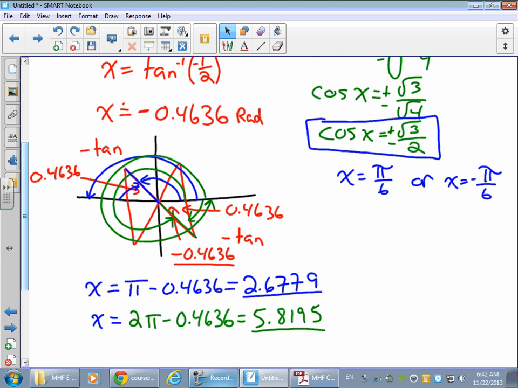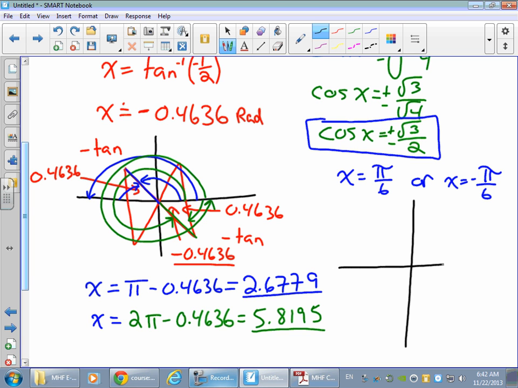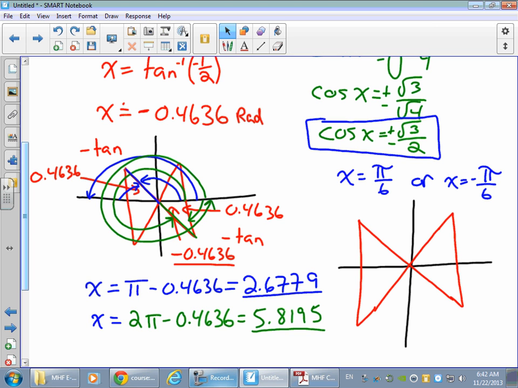But again, really what I'm looking for are the values where I am between 0 and the 2 pi. And so if I sketch in the angles I'm interested in, I'm interested in pi over 6 as being kind of the key in those 4 spots.